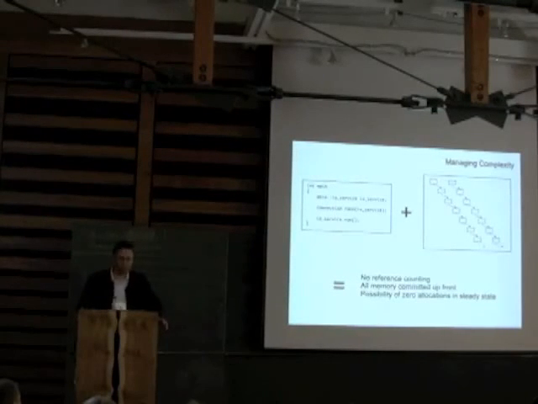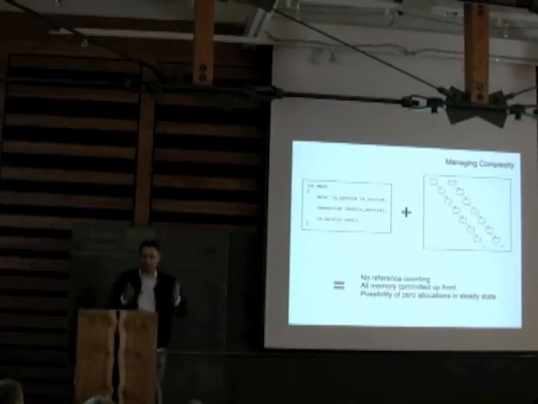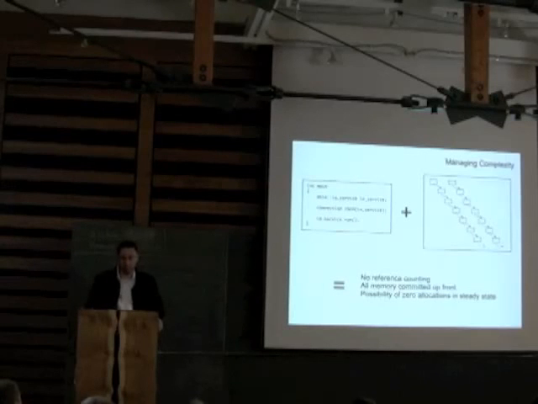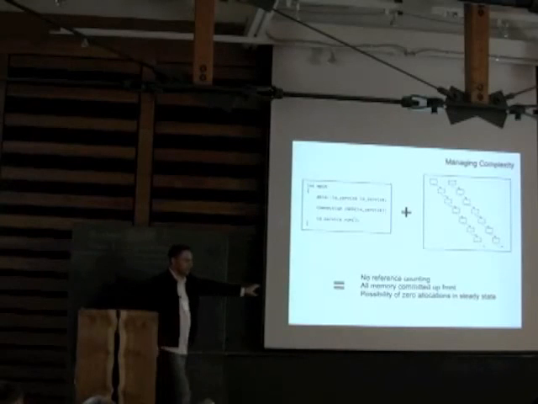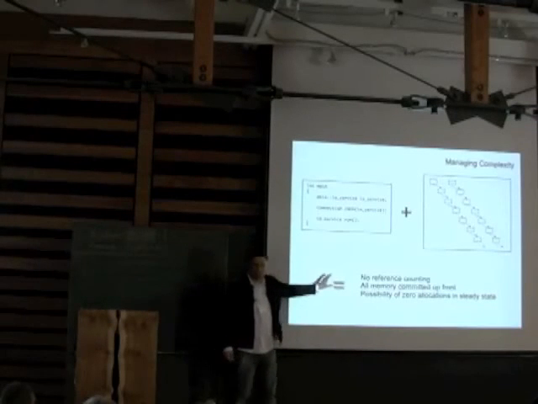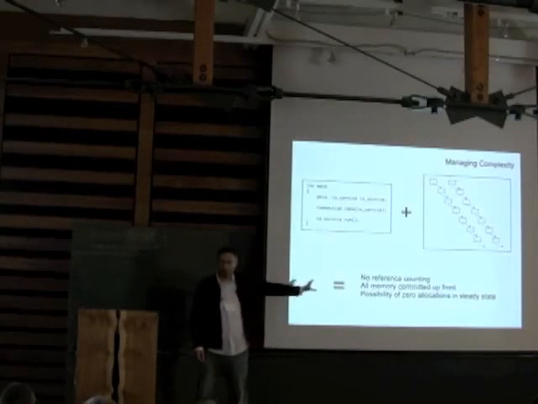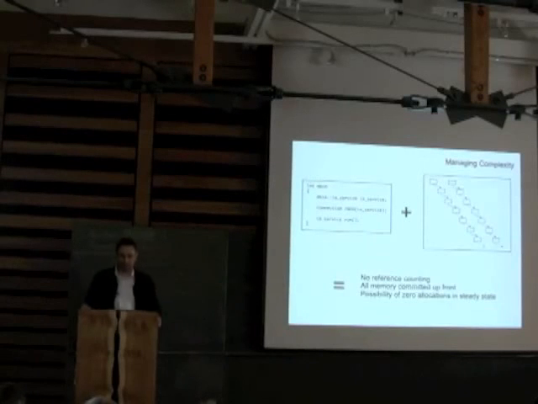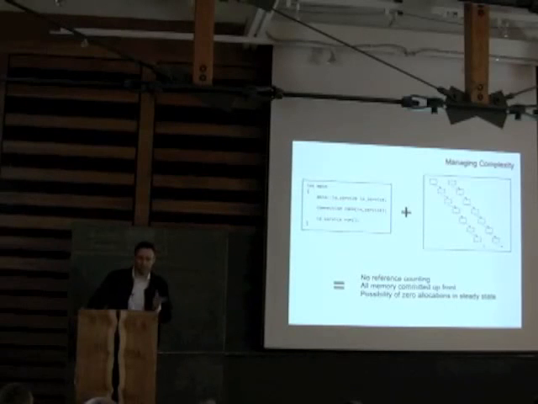If you also customize the memory allocation, you can make use of the fact that you know how many chains there are going to be in your application up front to commit all of the memory that you need up front and recycle that memory. So you can end up using these two facts to put together an application that has no reference counting costs, all the memory is committed up front, and you have zero allocations in the steady state of your application, which can be important if you're doing low latency or embedded or whatever.